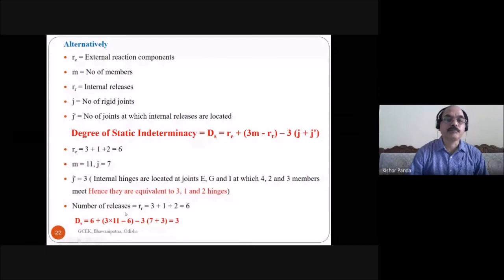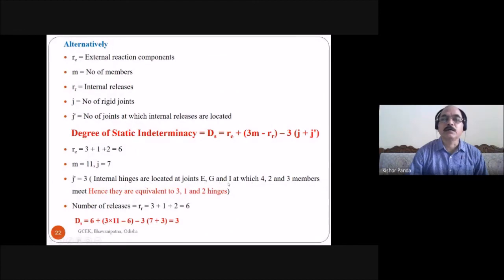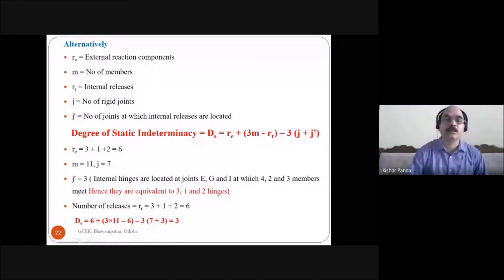Here you see the number of releases. Internal hinges are located at joint E. At joint E, 4 members meet, at joint G 2 members meet, and at joint I 3 members meet. So for the number of releases you take 4 minus 1, 3, and here 2 minus 1, 1, and 3 minus 1, 2, and they are equivalent to 3, 1, 2 hinges. So the number of releases is 3 plus 1 plus 2, equal to 6.